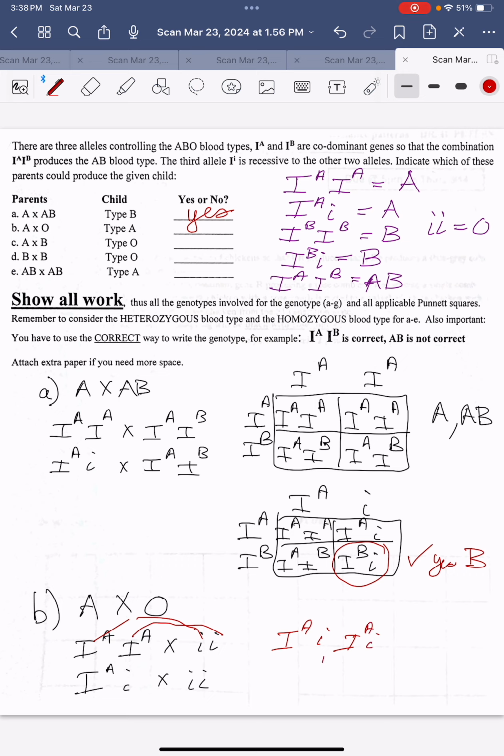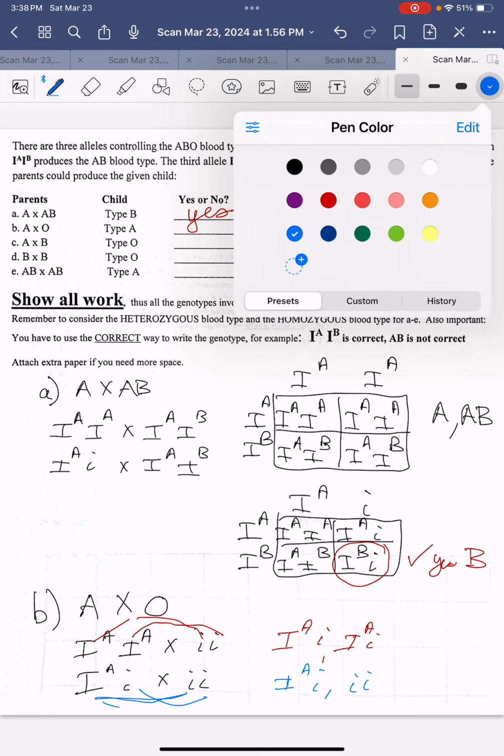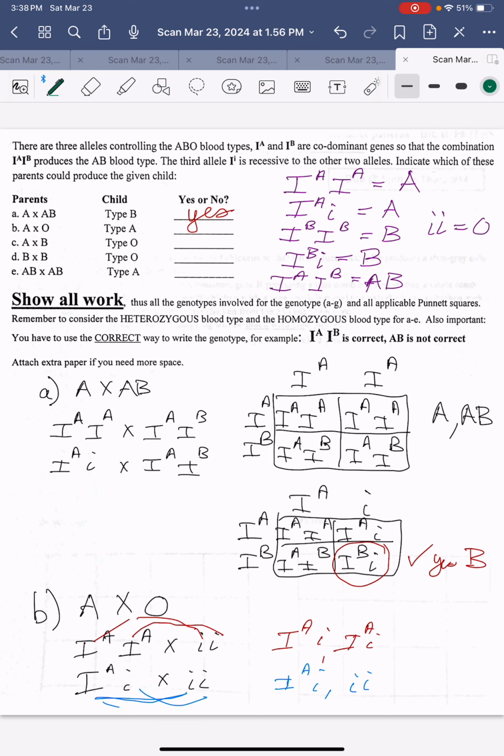If we do type A here, crossing with this allele, we're going to have IA little i. And if we cross the two little i alleles, we're going to have little i little i. So is it possible to have type A blood? Yes, it is possible to have type A blood. So the answer to B would also be yes.